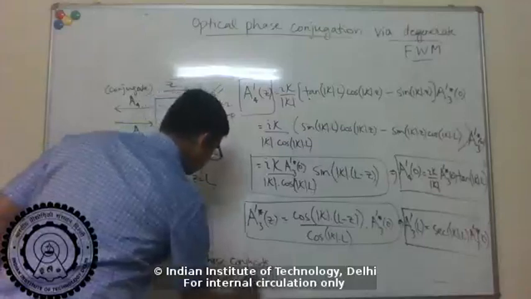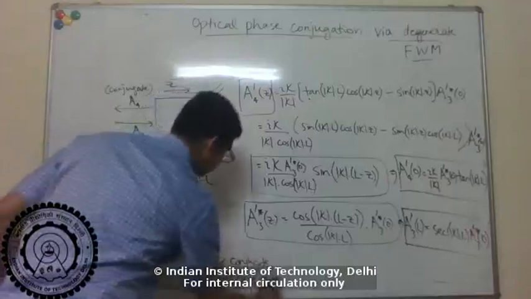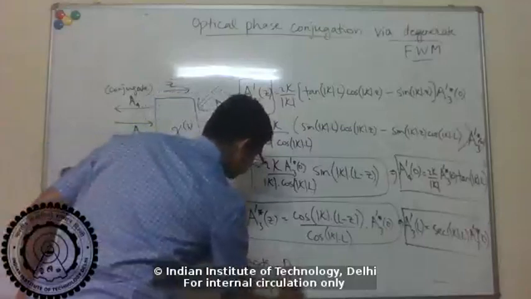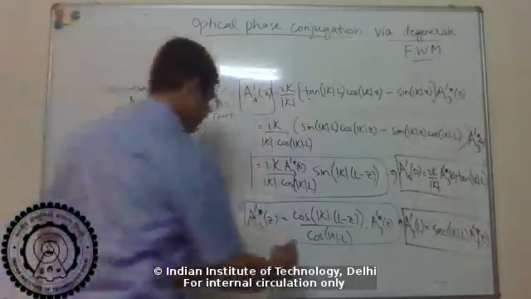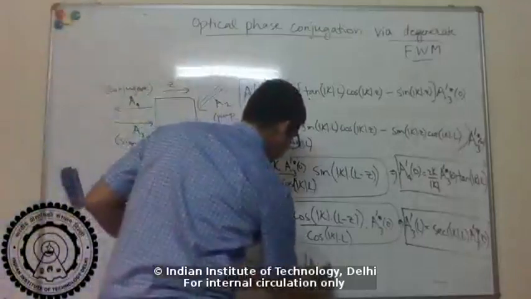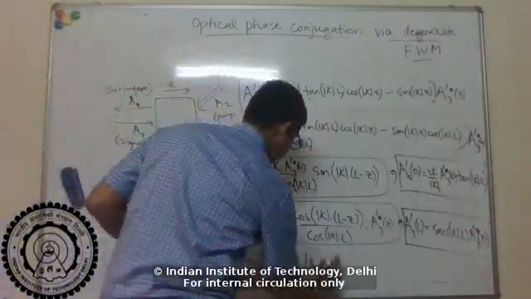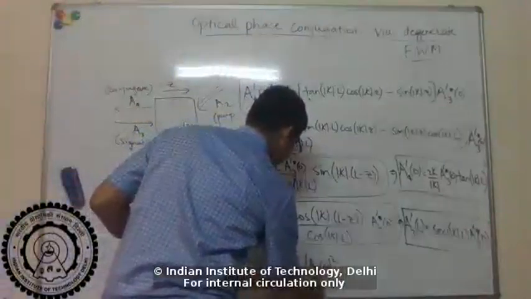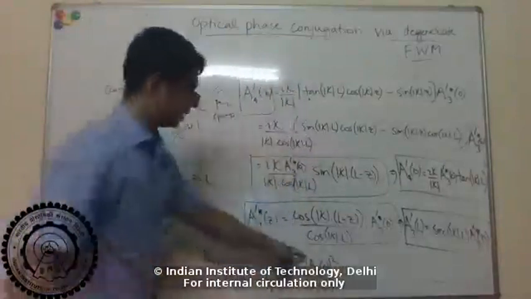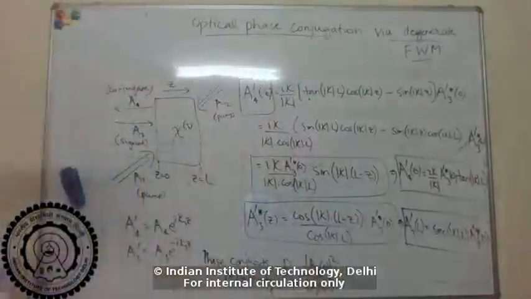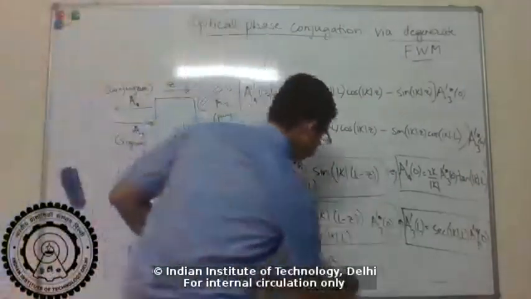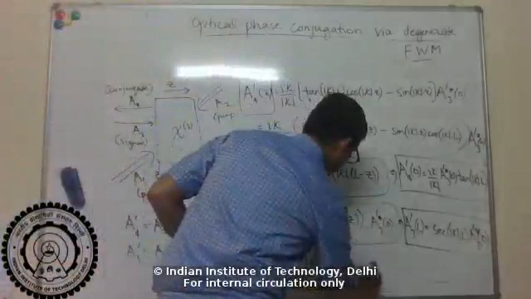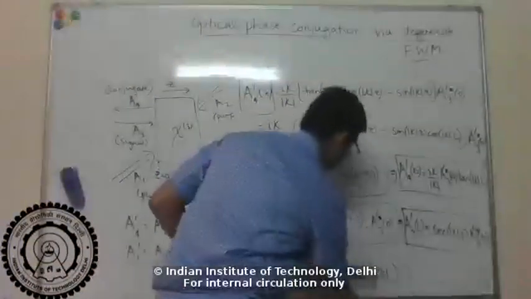So R, with subscript PC for phase conjugate, is basically the reflected intensity of the conjugate divided by the input intensity of my signal, right? And you can see from here that this is tan square of this kappa L.